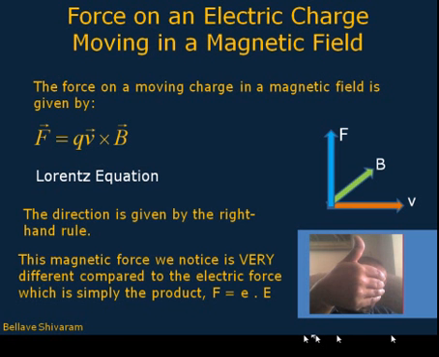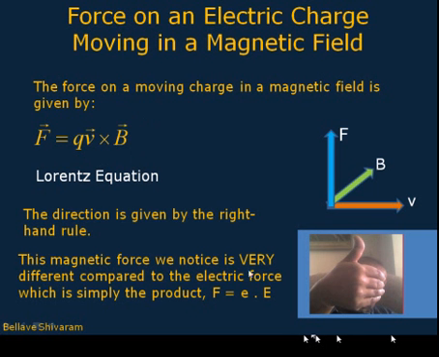The magnitude of this force is very different compared to the electric force. The electric force is simply the product of the electric charge times the electric field and does not involve an orthogonality relationship as in the case of the magnetic force.